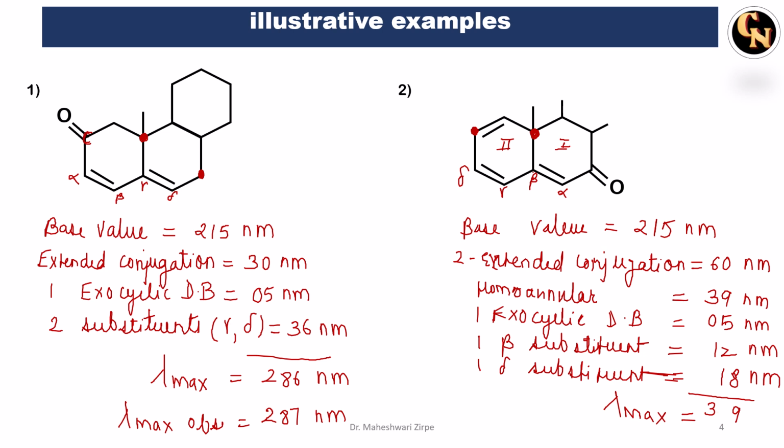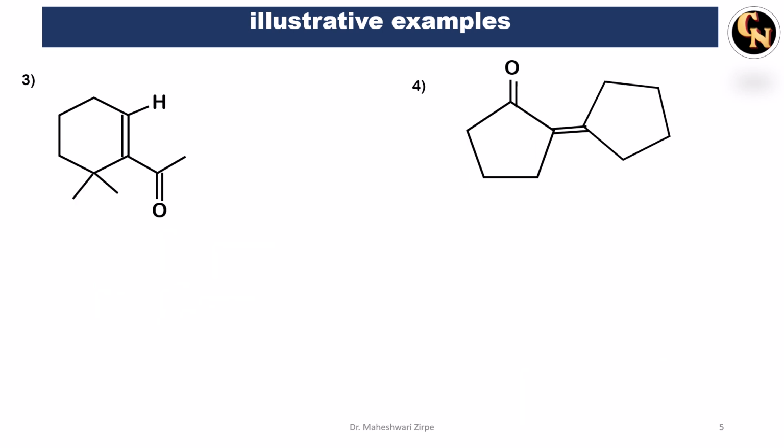It is 349 nanometers. Okay, so for this enone system you can find that the lambda max value calculated is 349, whereas observed was 350. So let us go to the next example.